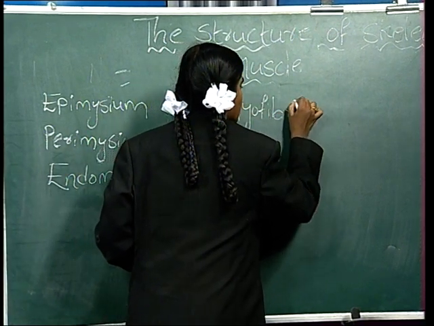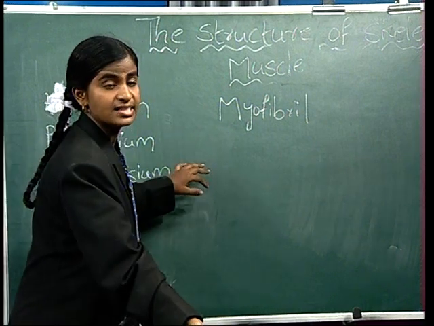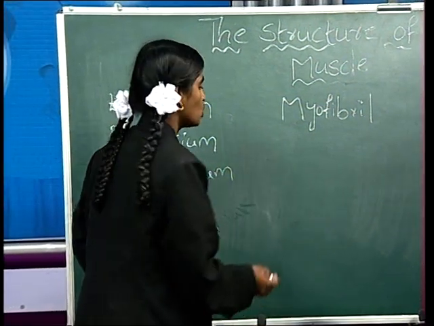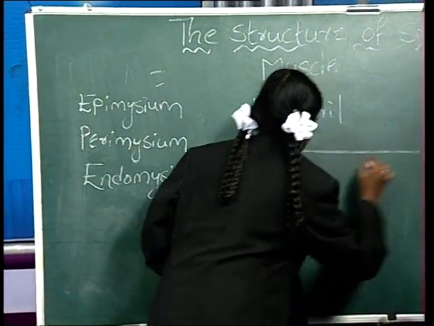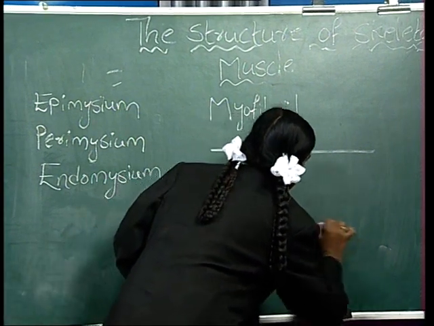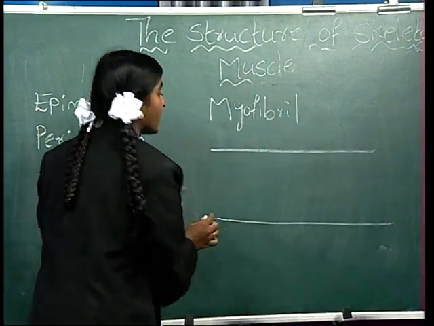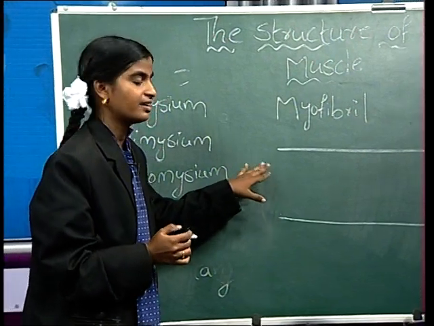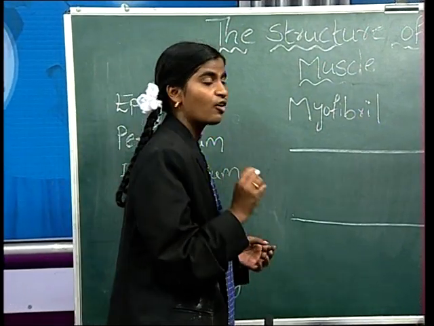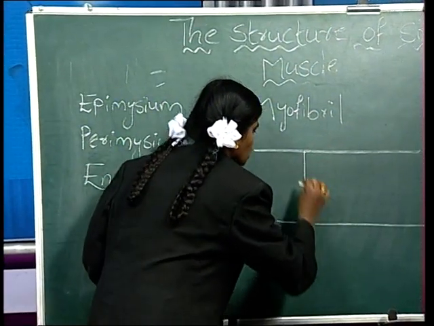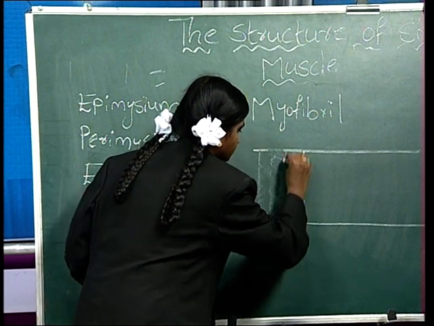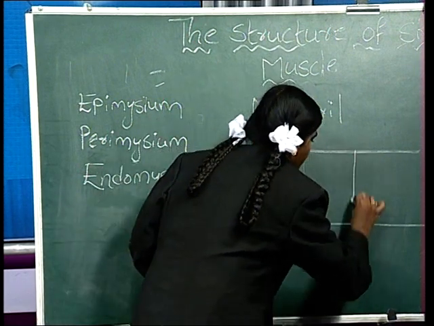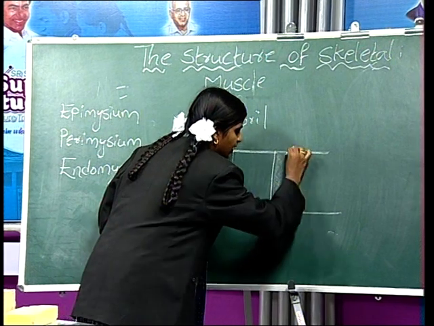This is a myofibril. It has a striated appearance. It contains alternate dark and light bands. So, this is the dark band and this is the light band. Again, dark band.